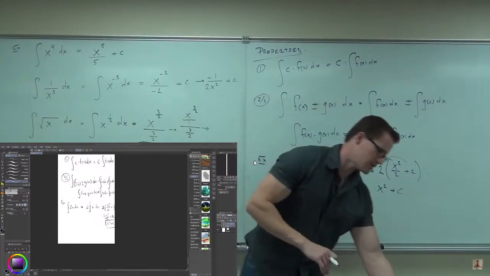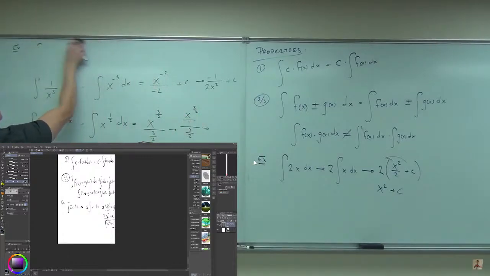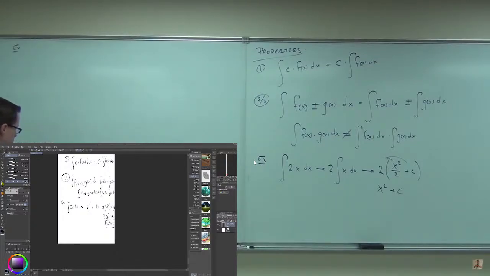Here's another example about why this is kind of useful. I'll give you one more. Integral of 1 plus x dx. Can I split that up?